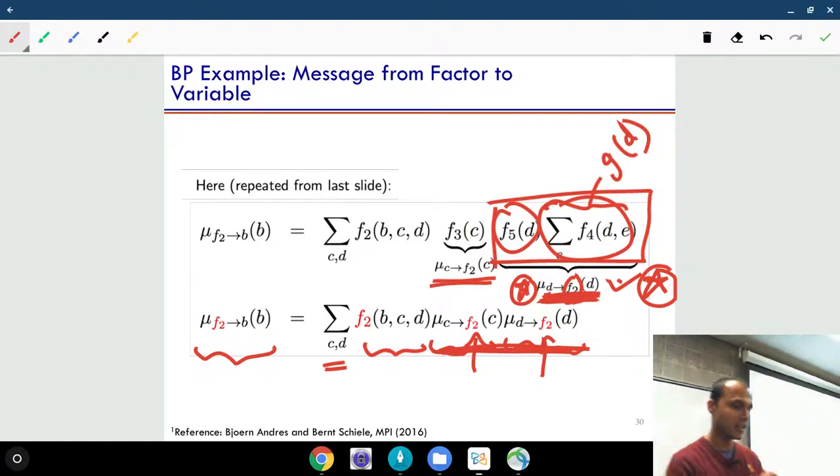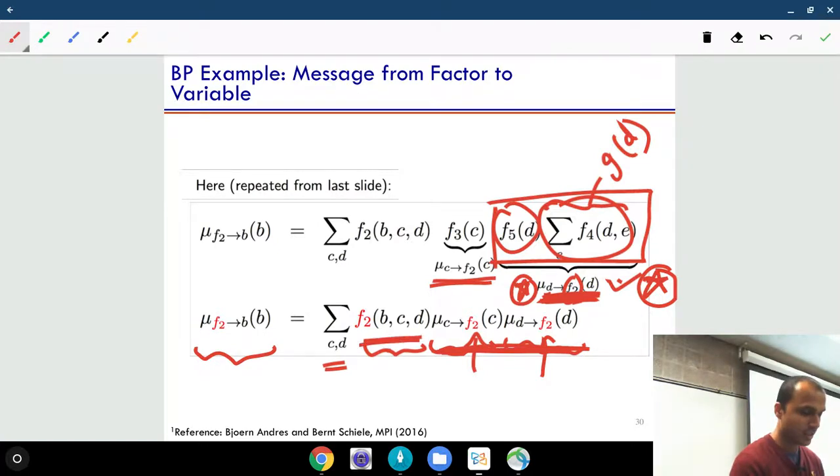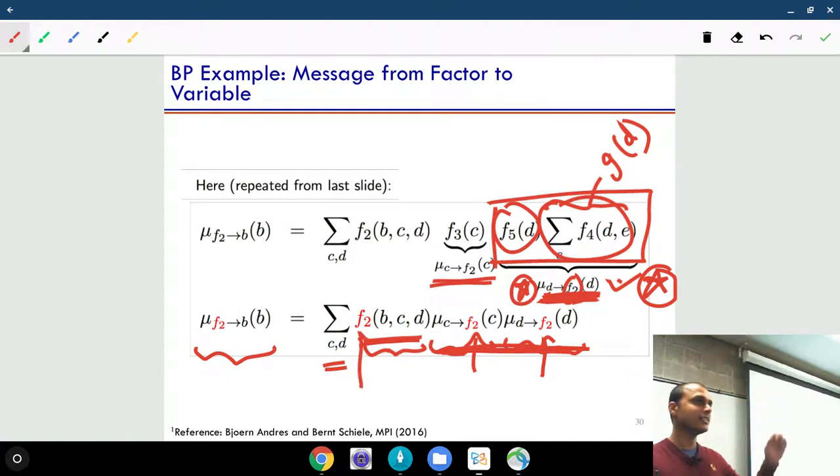It's the product of messages that F2 itself got, multiplied with its own factor function, that's this F2 function itself. Multiply that, and then sum over the variables that are irrelevant to be passed to the next node. If I want to pass a message to B, and I'm a factor node, I should remove all the variables which are not related to B. In this case, F2 has C and D involved, so I need to remove them, as in sum over them. So that's the structure.